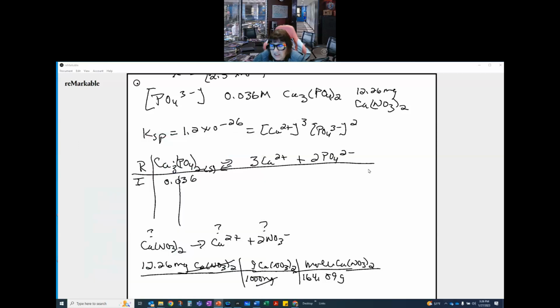Now, did they tell me the volume of this solution? They didn't. So technically speaking, I don't have enough information to do this, but I can make an assumption. So I can assume this is 1 liter. If I make that assumption, then that tells me what that molar concentration is.